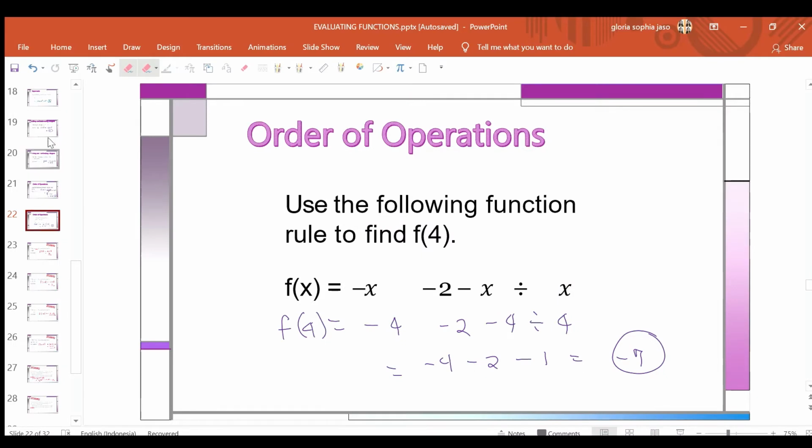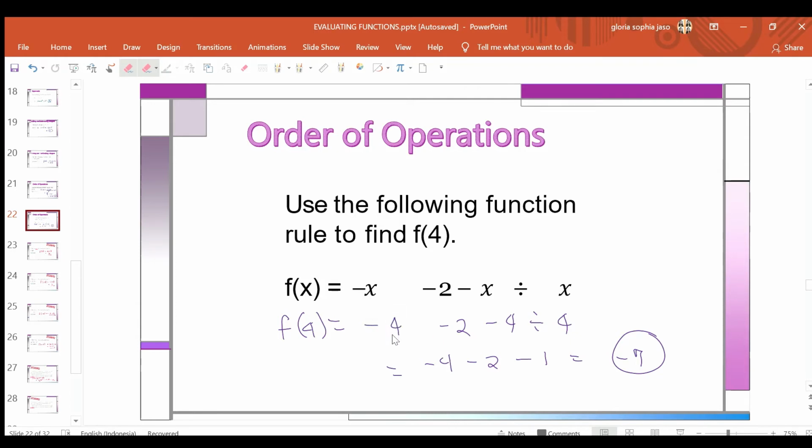Let's have another one. So, use the following function to find f of 4. So, this time, ang i-apply naman natin is yung order of operations. So this is our function, f of x equals negative x minus 2 minus x divided by x. So substitute lang natin si 4 kay x.